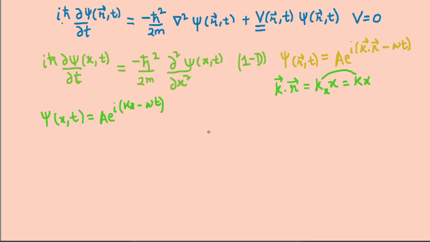and from the de Broglie hypothesis we have p equals h by lambda, k equals twice pi by lambda.